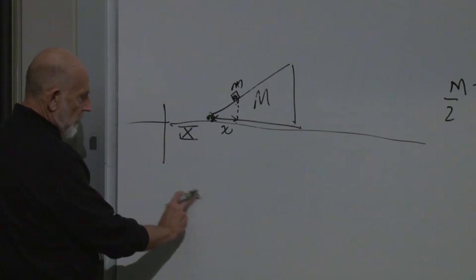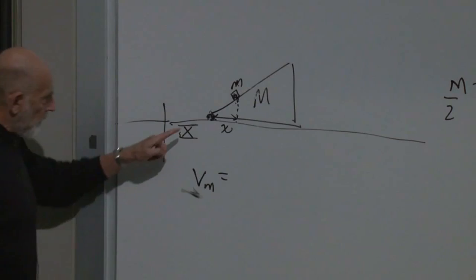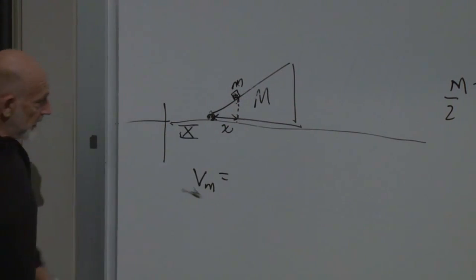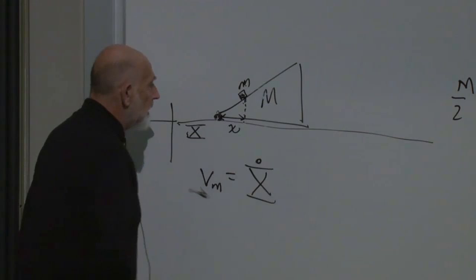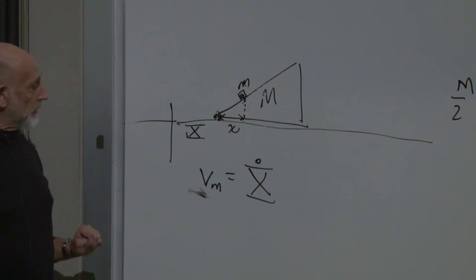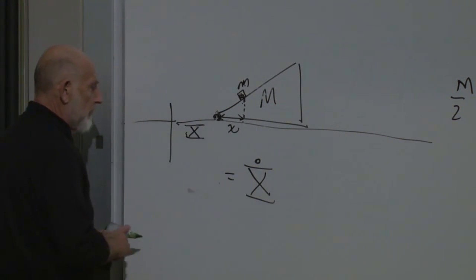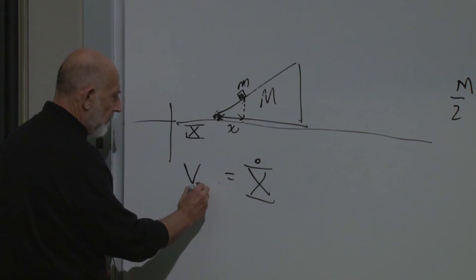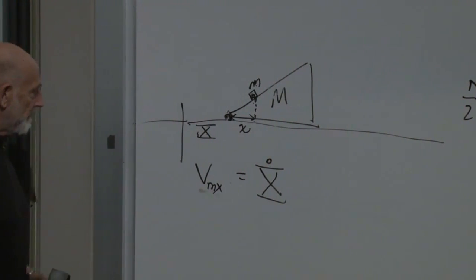The velocity, let's call it the velocity of little m, is equal to, first of all, the velocity of the block to the right. That's capital X dot, plus the velocity, the x component of, this is the x component, incidentally. This is the velocity of the mass, little m, but the x component of it, as opposed to the y component of it.